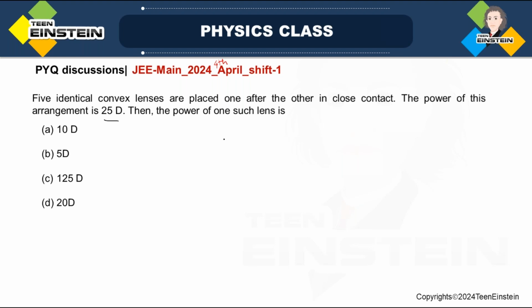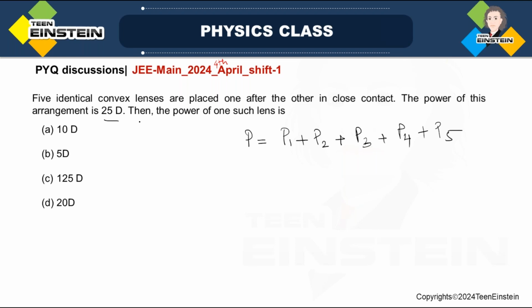Okay. So look, when there is a combination of lenses, the power of the combination will be the sum of the powers of the individual lenses. If I have 5 lenses here, then P is equal to P1 plus P2 plus P3 plus P4 plus P5.